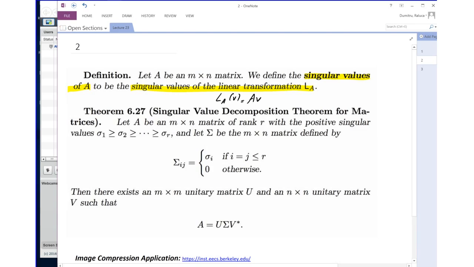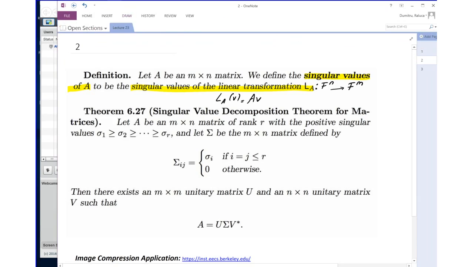So if A is m by n, the vector that you multiply A by has to be n by 1, right? And after multiplication, the result will be m by 1. So this left multiplication transformation goes from Fn to Fm. But anyways, it is a linear transformation, so you can apply the singular value decomposition, the previous theorem, to L sub A.